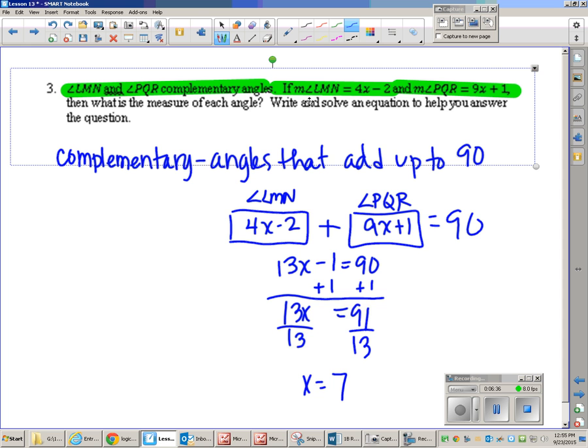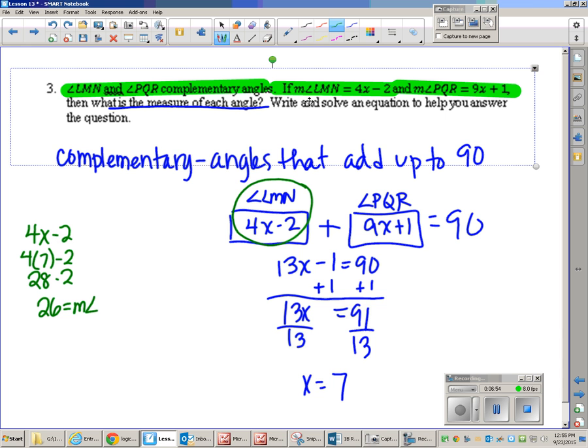I'm not finished till I answer my question. The question was, what is the measure of each angle? Well, remember, we decided that the measure of angle LMN was 4x minus 2. So if I take my 4x minus 2 and I stick a 7 in there, I get 28 minus 2, which is 26. And this is the measure of LMN. Change colors here.